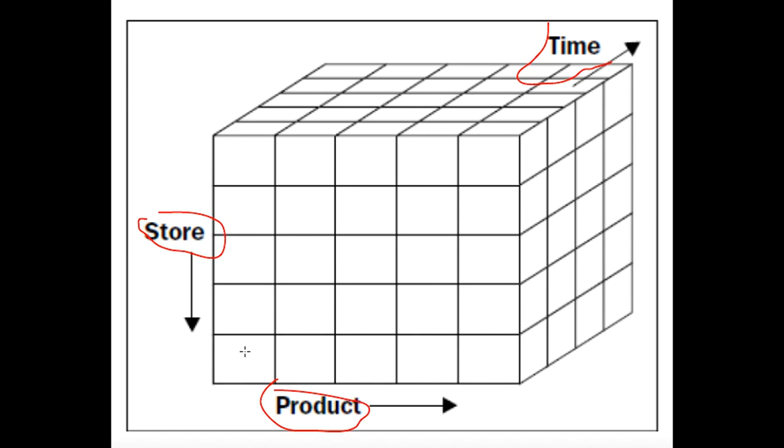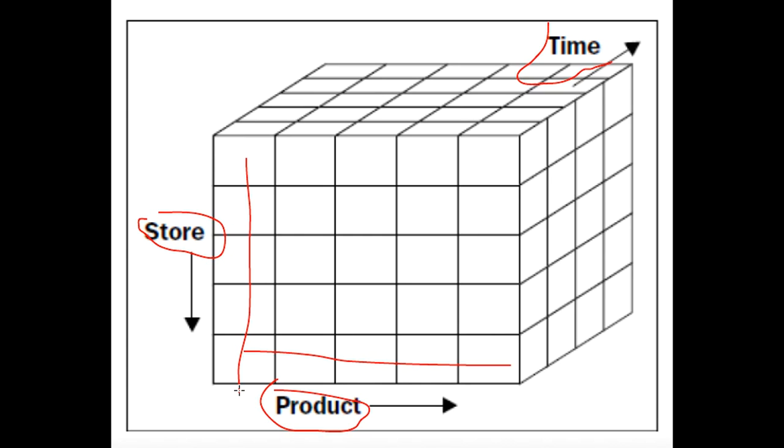Think of the width of this cube, the rows going across, as the product dimension. Every piece of information or measure in the same row refers to the same product, so there are as many rows in the cube as there are products. Think of the height of the cube, the columns going up and down, as the store dimension. Every piece of information in a column represents one single store, so there are as many columns as there are stores.